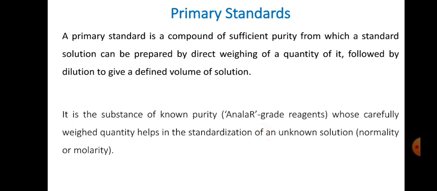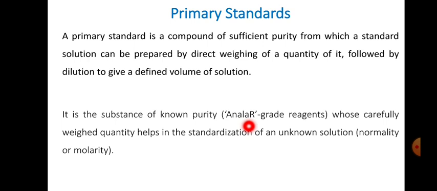There are laboratory grade or general grade and then AnalaR grade. So AnalaR grade represents the analytical reagent. This ANALA represents the analytical and R represents the reagent. So whenever any substance has the label of AnalaR grade, that means it is a high purity substance, which we can use as a standard.